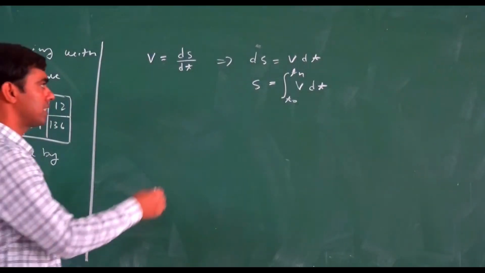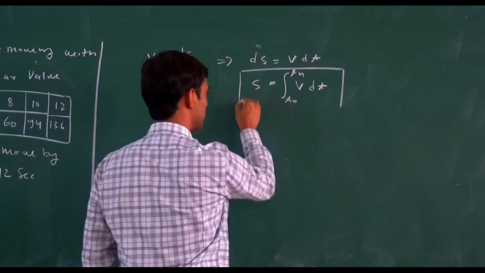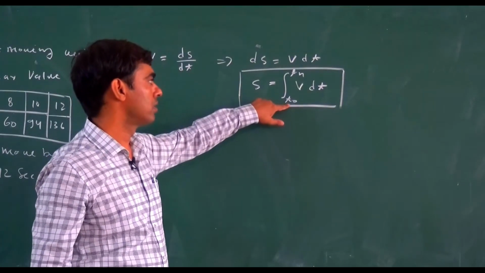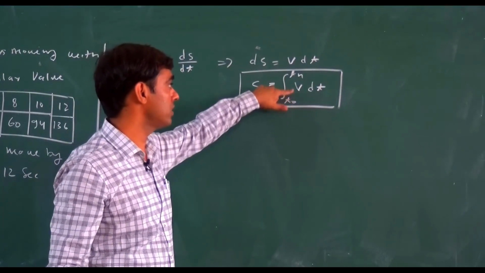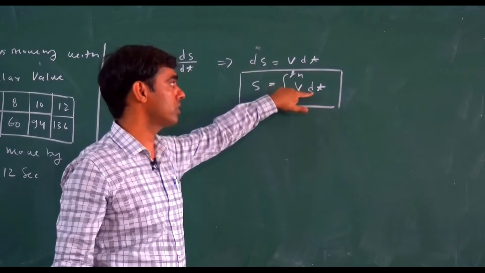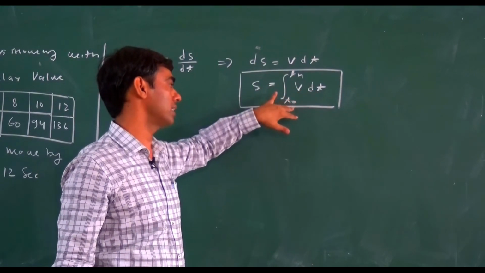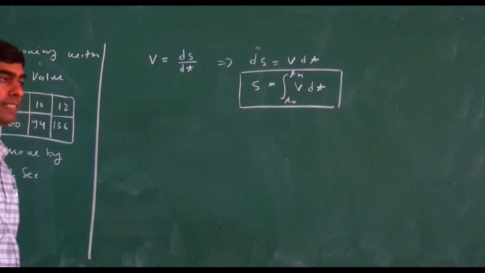With the help of this expression, we are able to find the distance covered by any moving particle from t0 to tn with velocity v. The velocity v is given at different intervals of time, so we can find the distance.